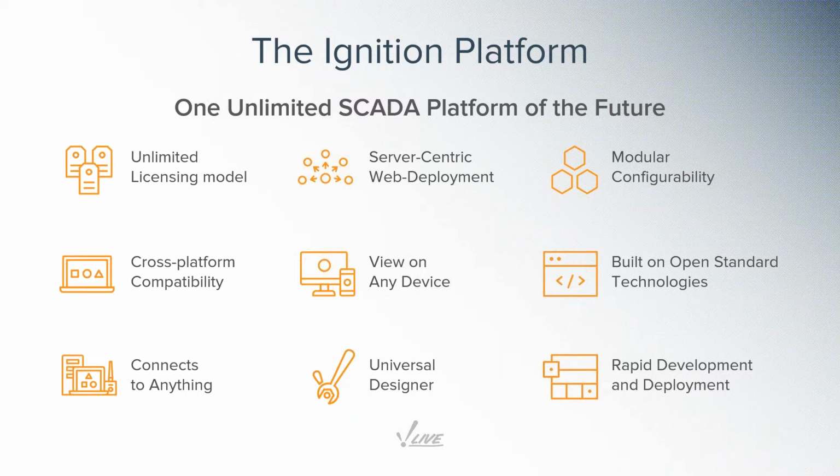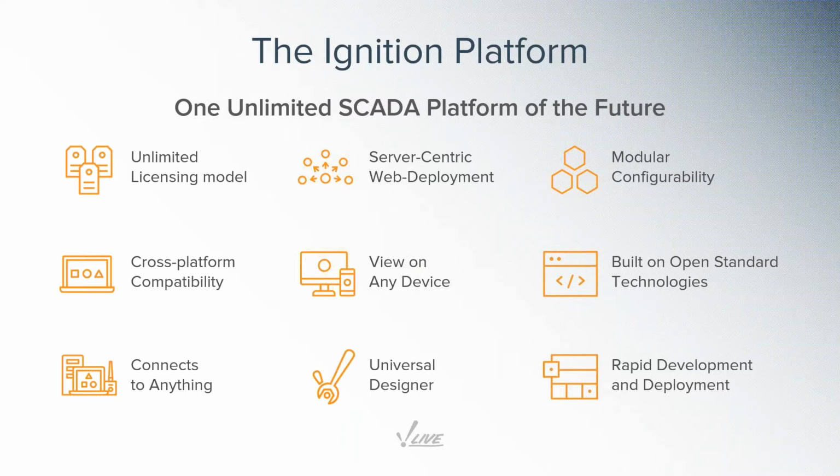And Ignition can connect to really anything, any kinds of PLC or other systems. And we can ultimately get data out to a lot of people on any device, whether that's their PC, their mobile devices, phones, TVs, and more.